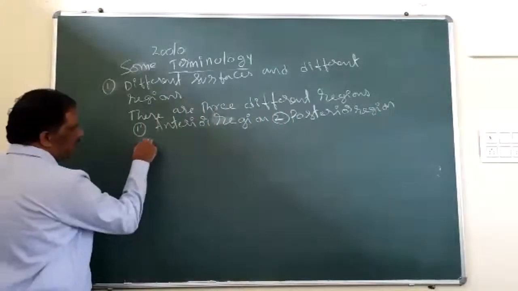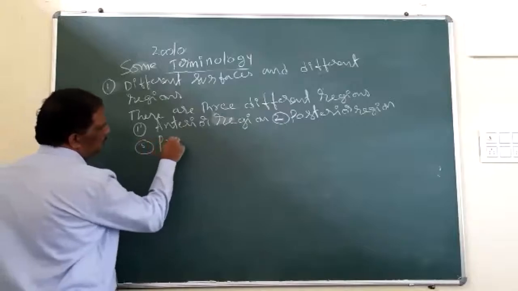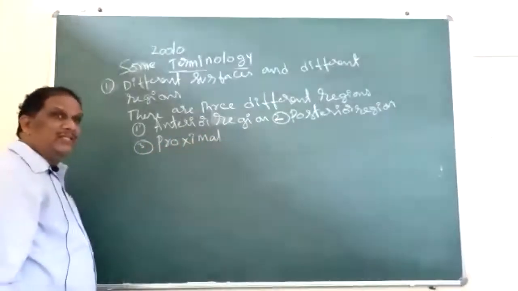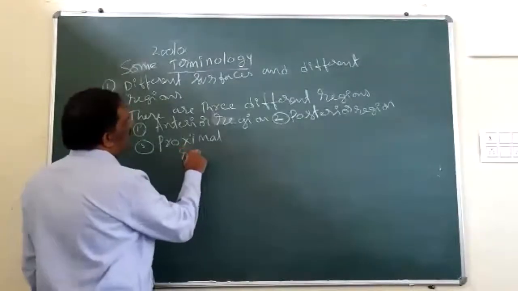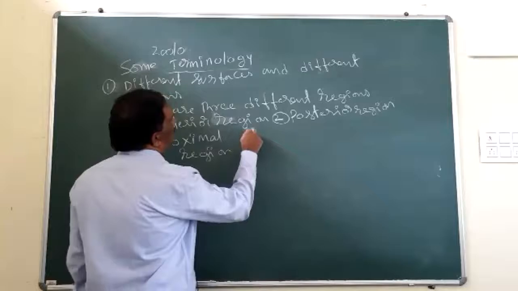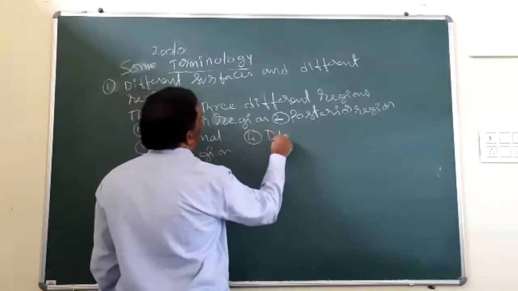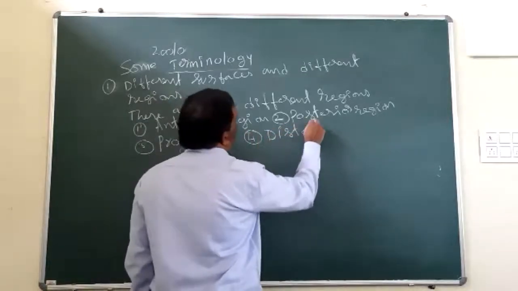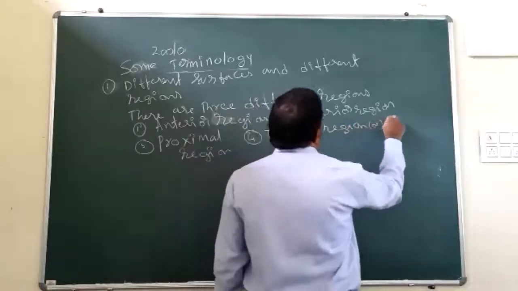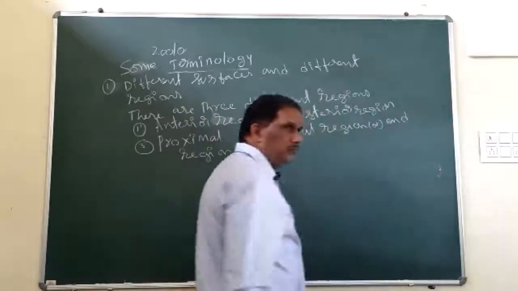Third, proximal region or proximal end. And fourth one is distal region or distal end.